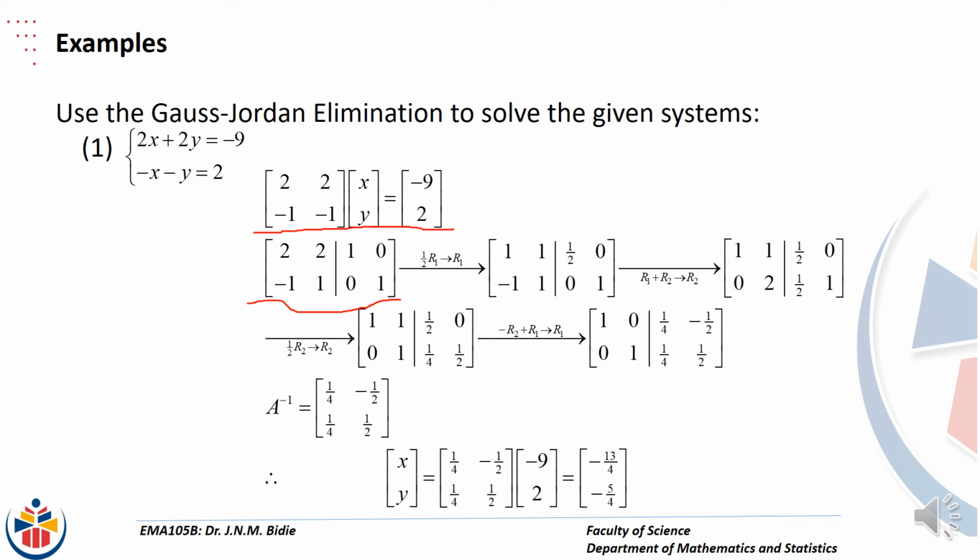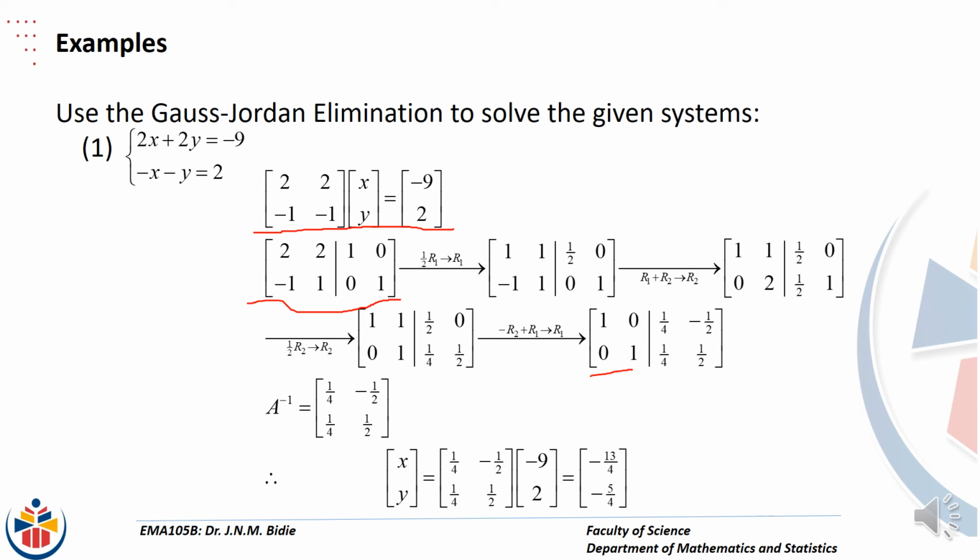Now, the row operations are supposed to make sure that matrix A changes until it reaches the format of an identity matrix. So all in all, it means we need to have, where there is 2, it must be 1.